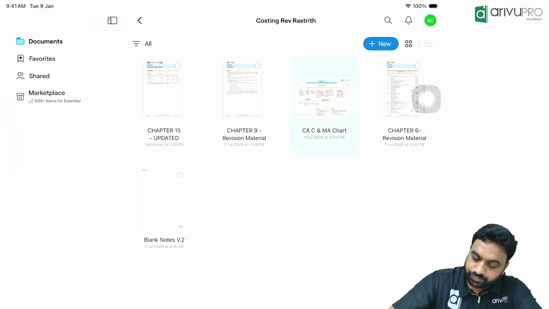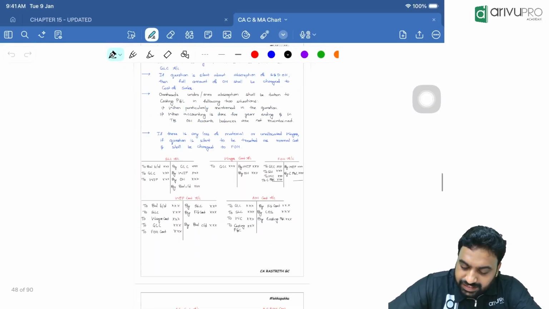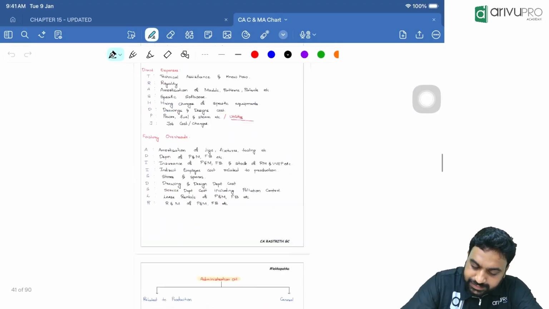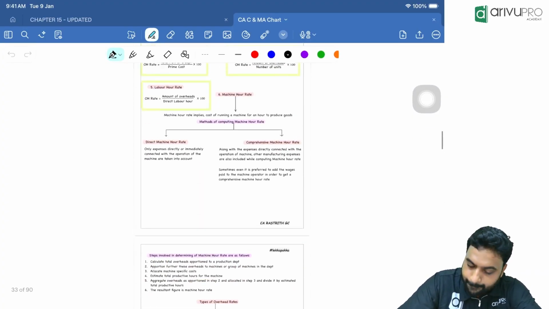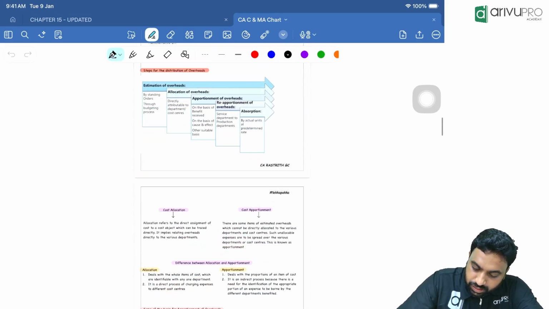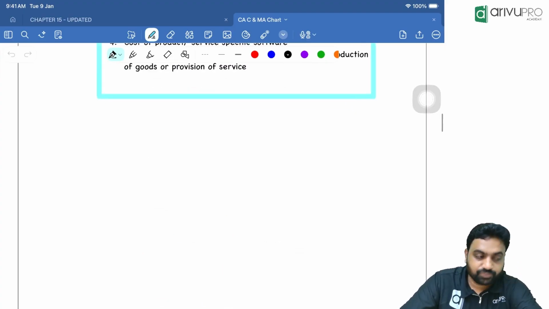Now shall we start with overheads? First let's discuss a bit of the concept of overheads, then we'll go to question solving. Now guys, what do you mean by overheads in the first place?